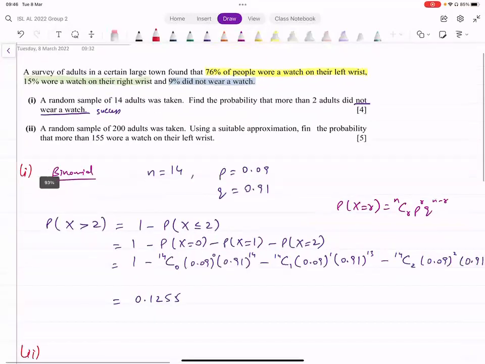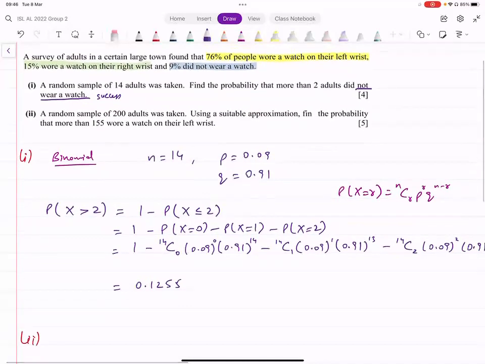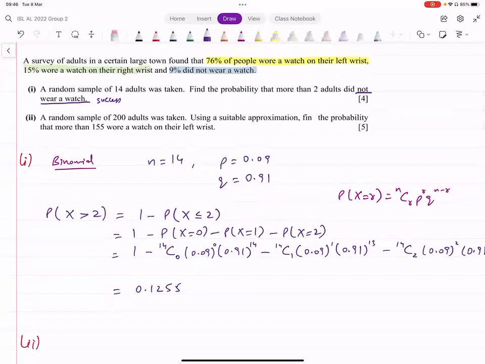A random sample of 200 adults was taken. Using a suitable approximation, find the probability that more than 155 wore a watch on their left wrist. अब देखें, अब आपकी success के criteria change हो गया. So now success is wearing a watch on left wrist. That's success now.